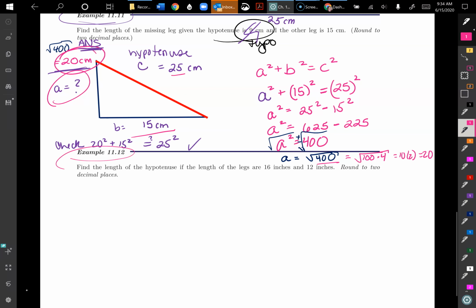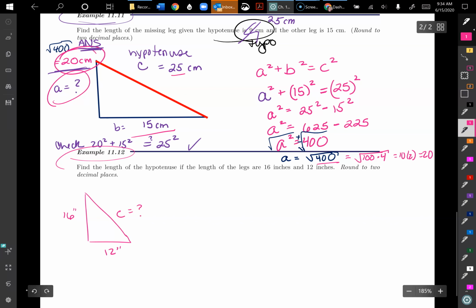This one, example 11.12, is pretty straightforward. I'll just draw a quick sketch on this one. These always have to be right triangles, so that info would be given to you. Obviously my triangle up there is not quite to scale, but say the lengths of the legs are 16 inches and 12 inches. Find the hypotenuse.